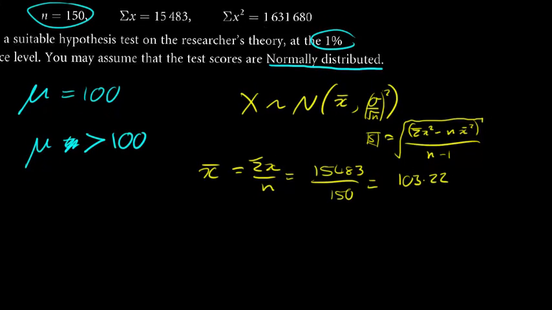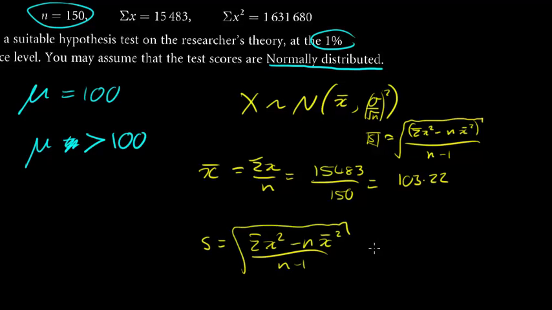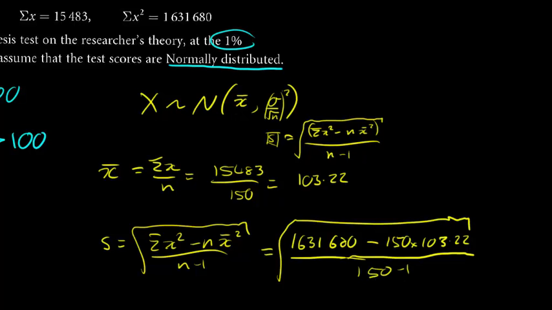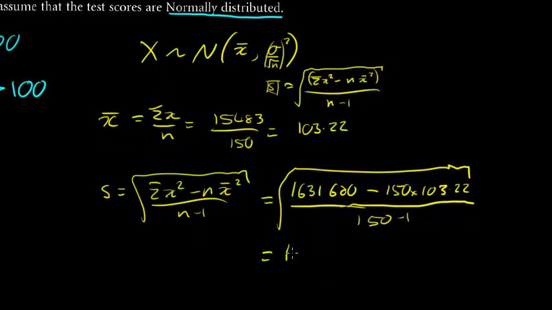Next up, we're going to need to find S, and so S, remember, is sigma x squared minus n x bar squared all over n minus 1, square rooted, and so that is 1631680 minus 150 times 103.22 squared all over n minus 1, so 150 minus 1, and then square rooted, and that particular value comes out as 15.0, to 3 significant figures.